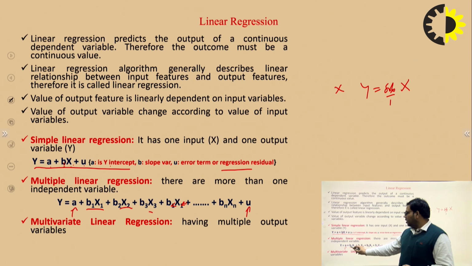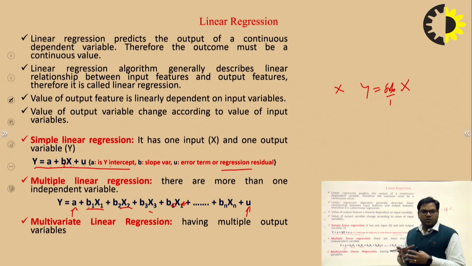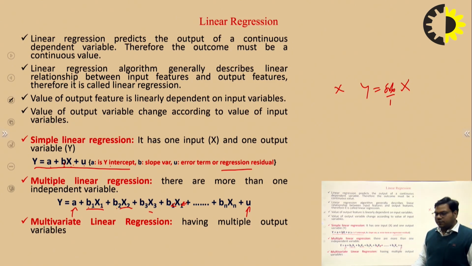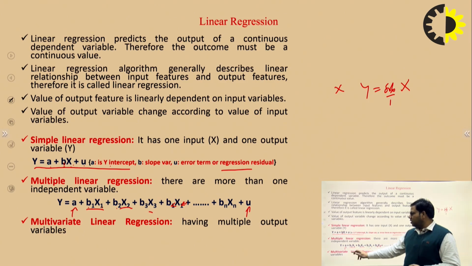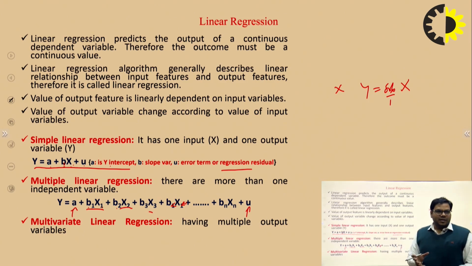So likewise for every x, I can have a different association. b1 means the slope variable for x1, the slope variable b2 for x2, likewise. So this is called multivariate regression or multivariate analysis, multivariate linear regression, right?